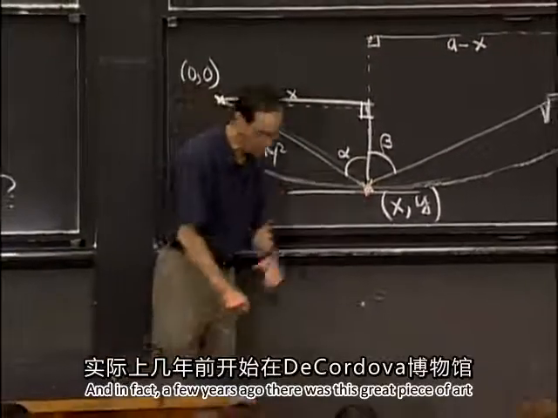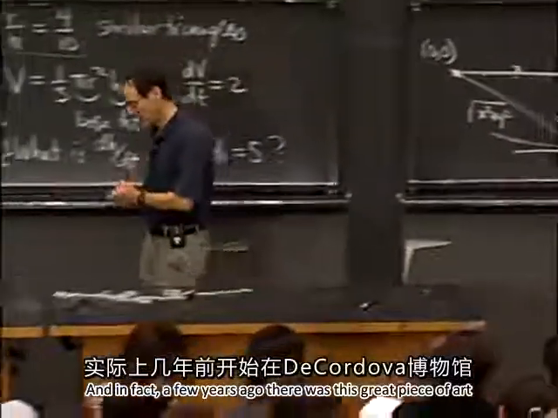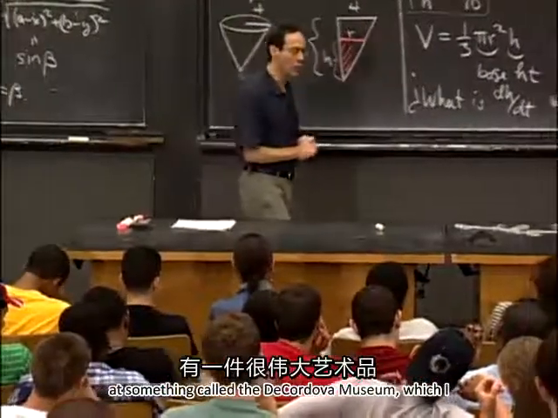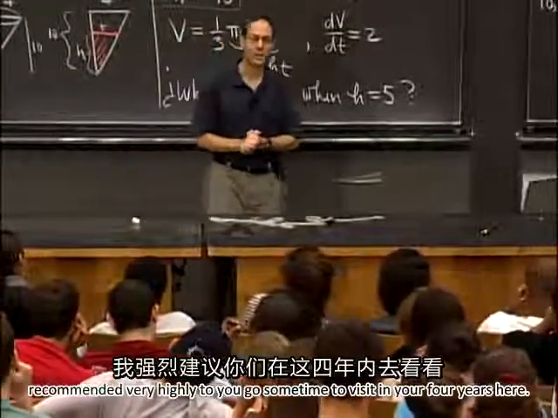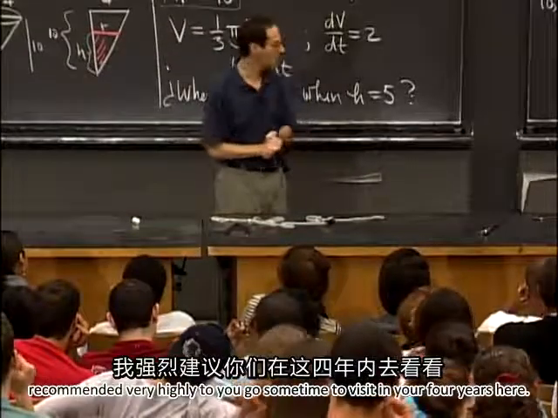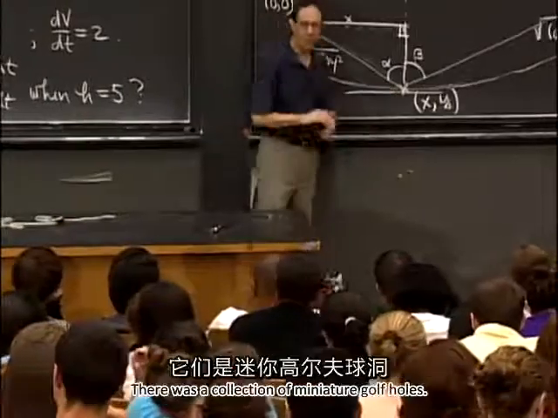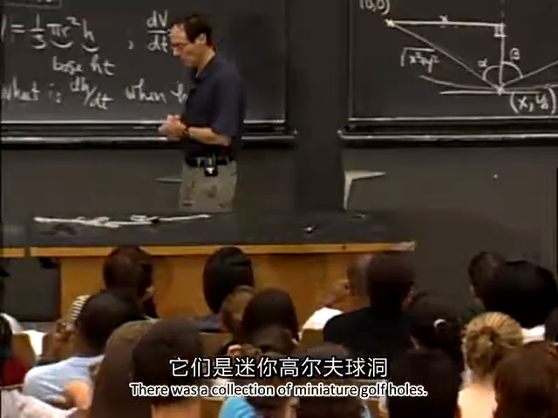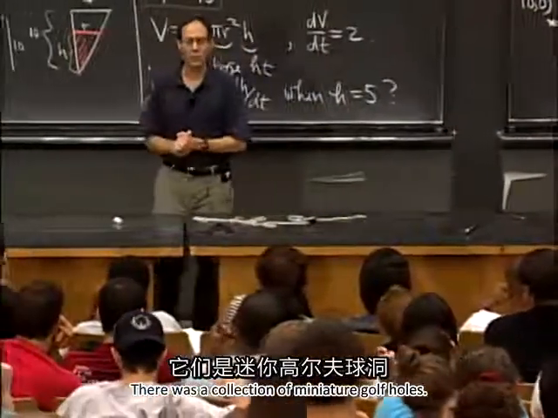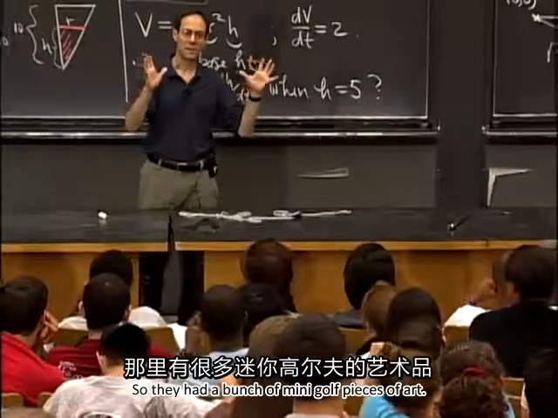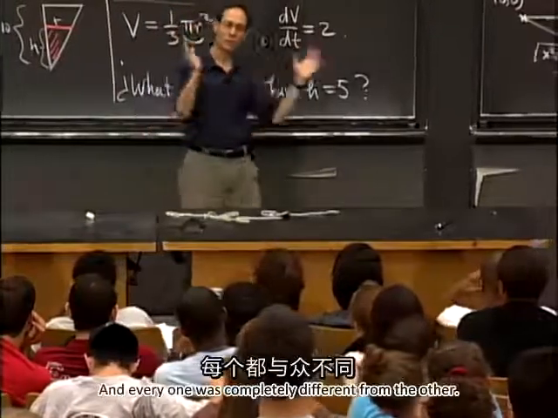And in fact, a few years ago, there was this great piece of art at something called the De Cordova Museum, which I recommend very highly to you. You go sometime to visit when you're in your 4 years here. There was a collection of miniature golf holes. So they had a bunch of mini golf pieces of art, and every one was completely different from the other.